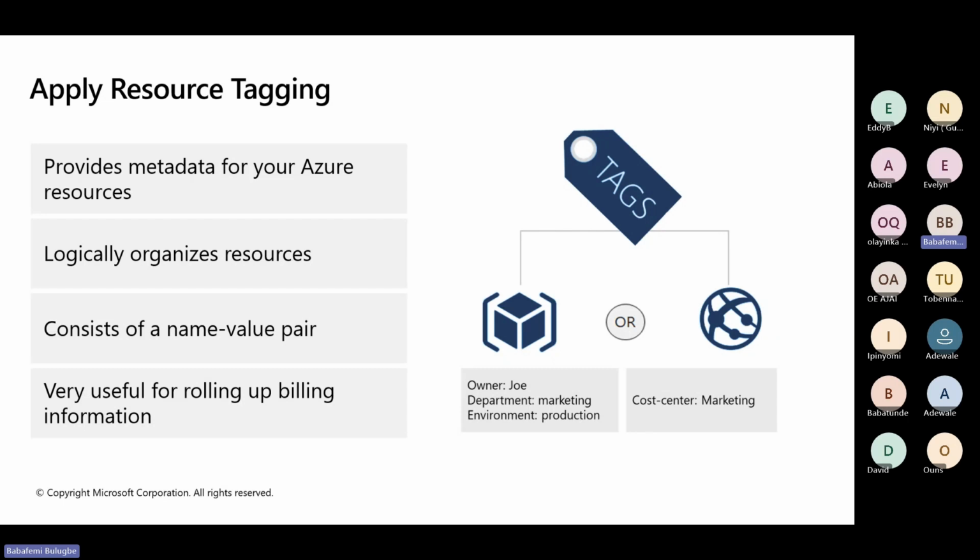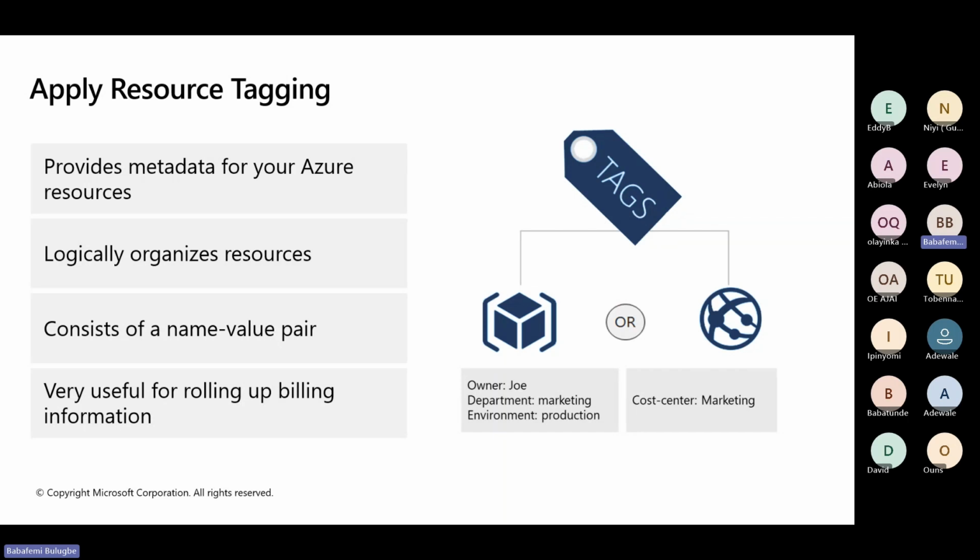If anyone is using a particular resource, we want to know which department the resource was created for. Or we want to tag based on the environment. Let's say we have 3 virtual machines, and we want to tag them based on the environment: production, dev, test.